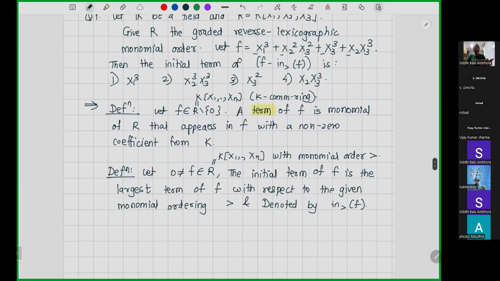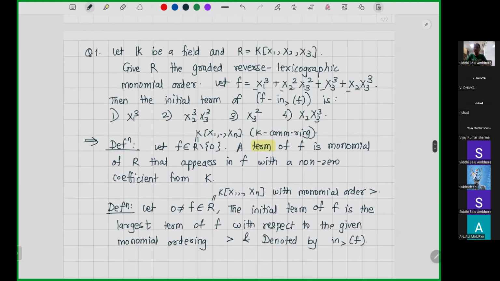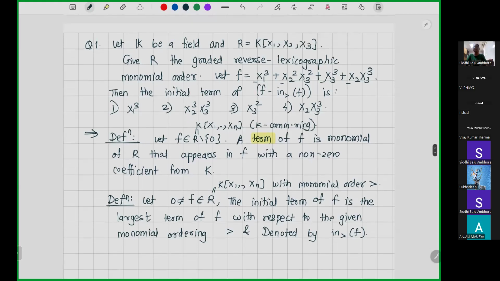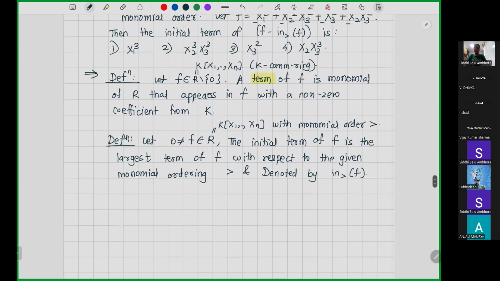So this is the initial term. Now we have these four terms in this F. We have to find out which is the largest among these terms, and the order on this polynomial ring R is graded reverse lexicographic.